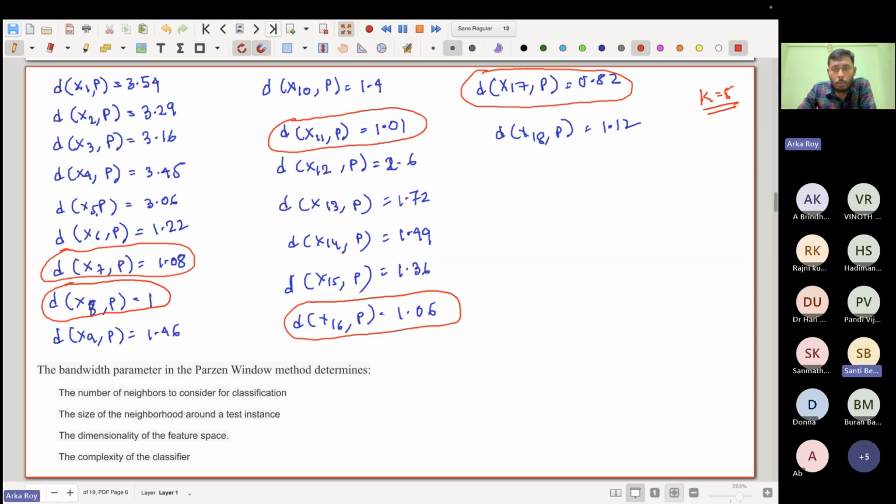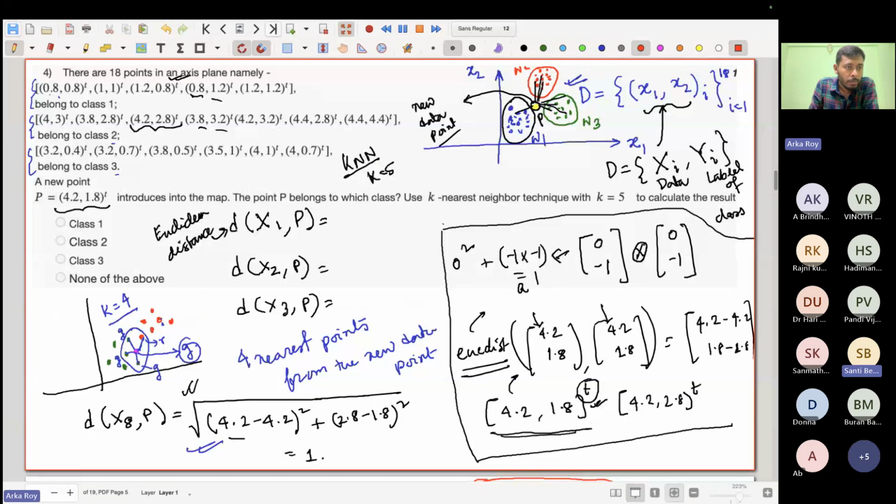Fine. Now we have to see which particular class each of these belongs to. If I go to the previous slide, the first 5 belong to class 1. The next 7 data points belong to class 2, and the last ones belong to class 3.